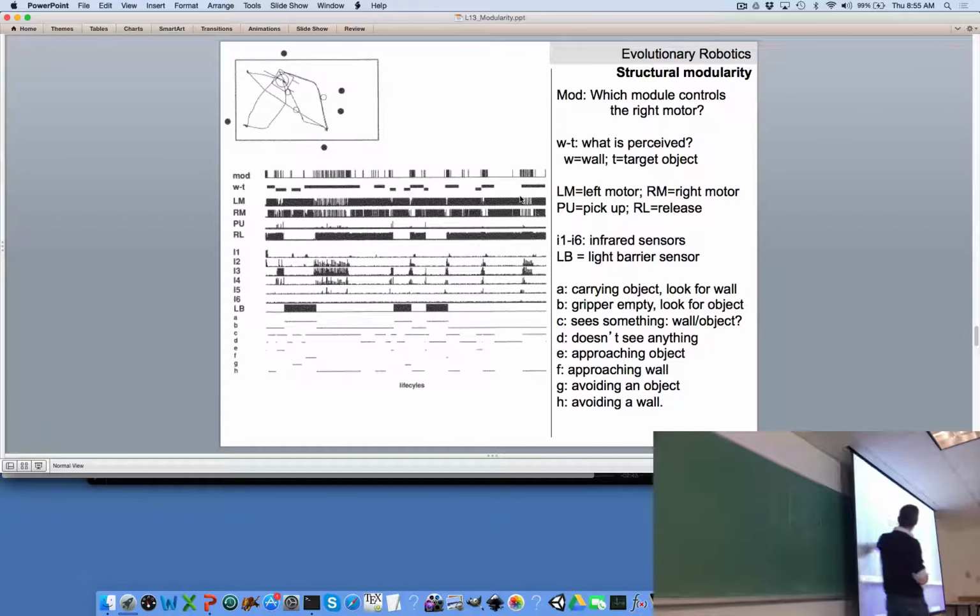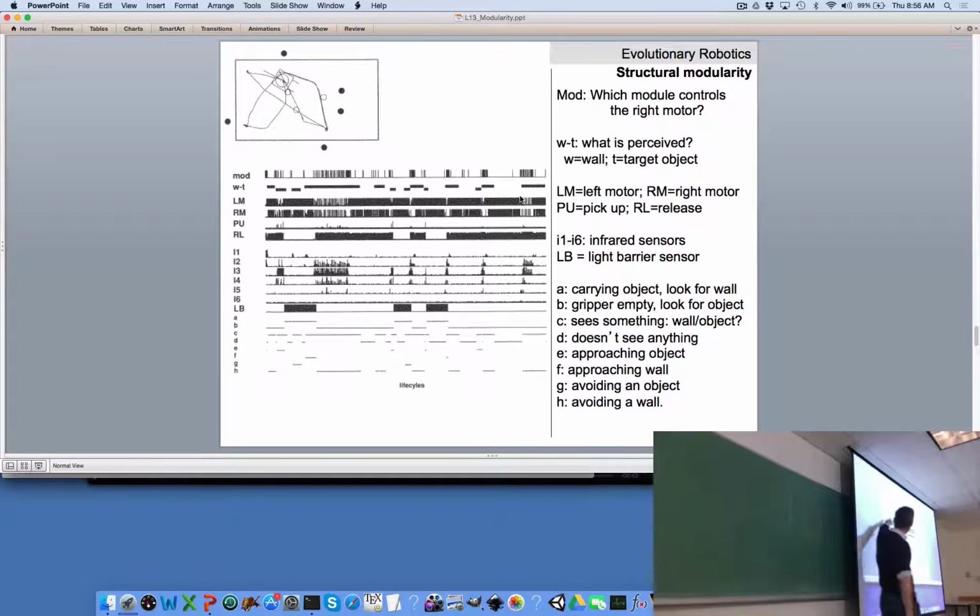Okay. W to T here is what is perceived by the robot: wall and target object. Is there a correspondence between whether the robot saw the wall or the target and which of the two modules was in control? Not really, right?